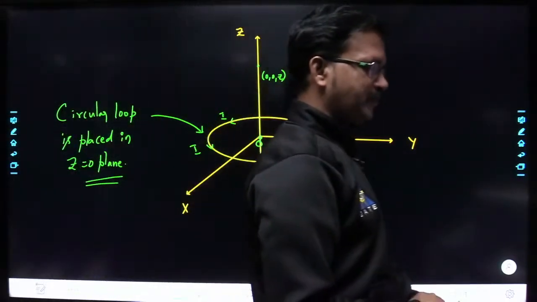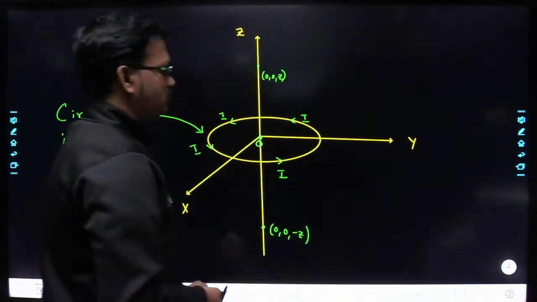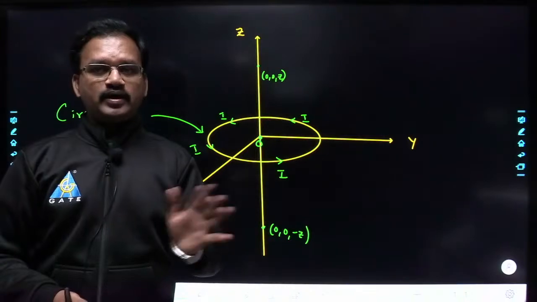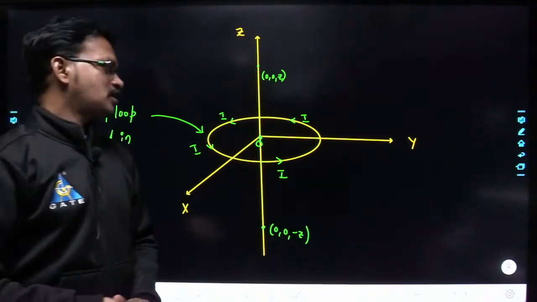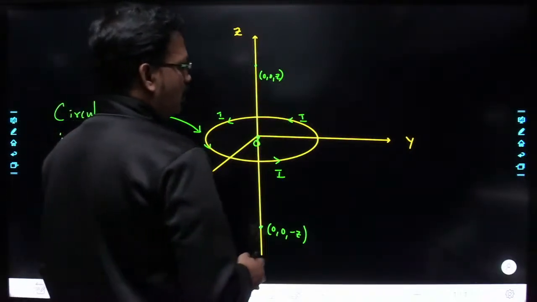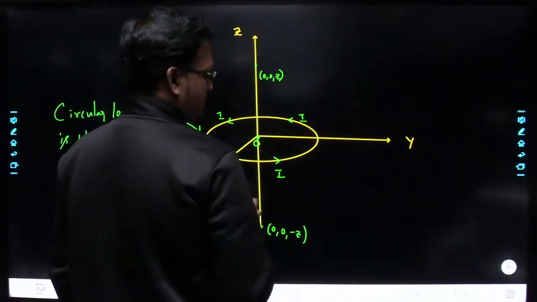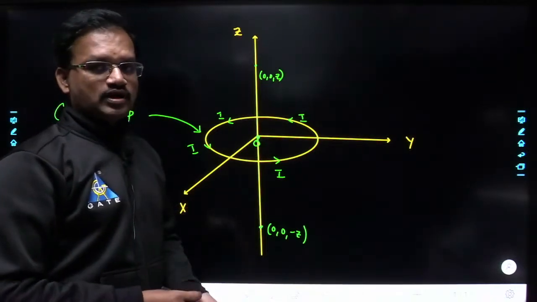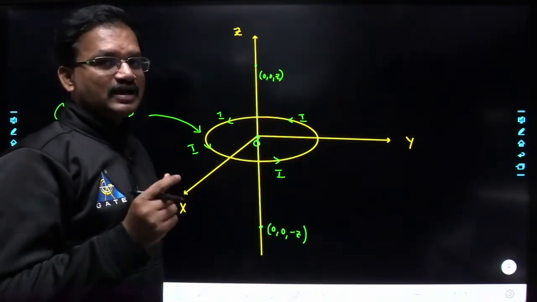Just apply Biot and Savart's law. If you want to apply Biot and Savart's law, first of all you have to consider a small differential current element.